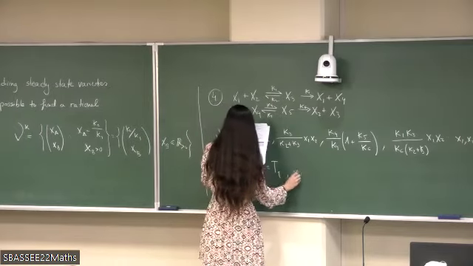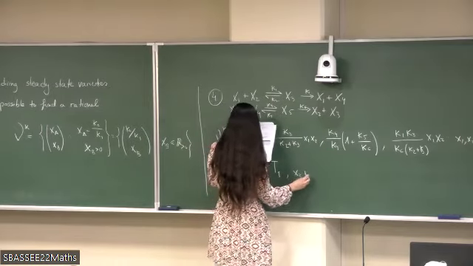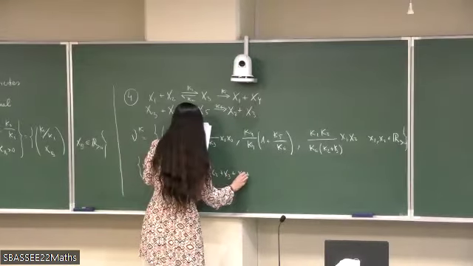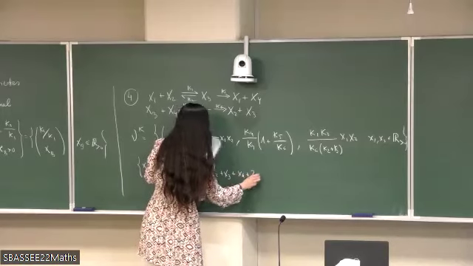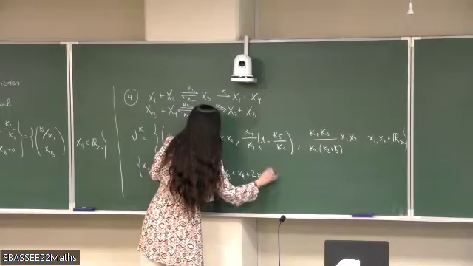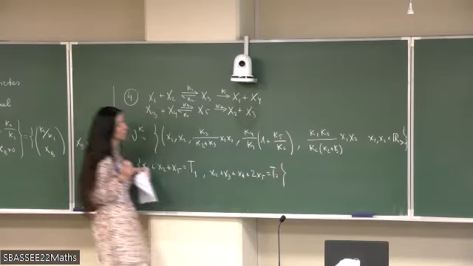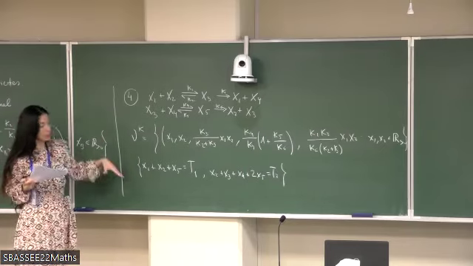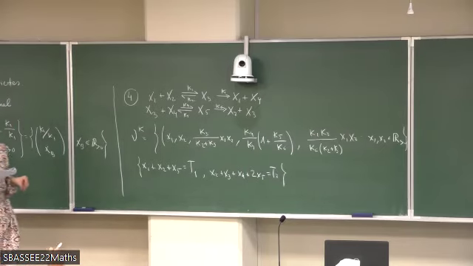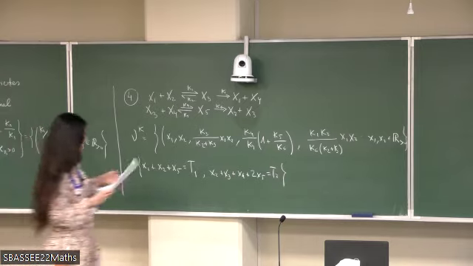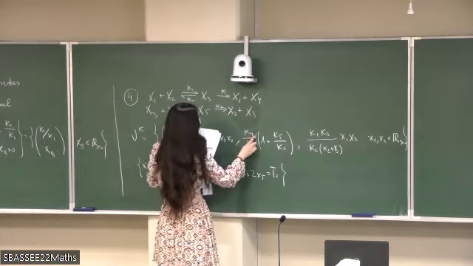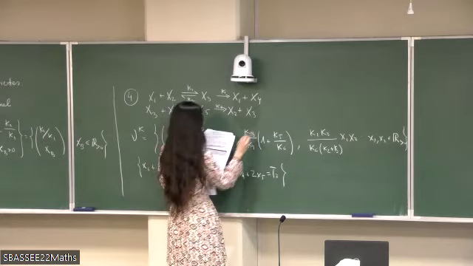We have two independent conservation laws, and the stoichiometry classes will have this form. So the network has rank 3. Yeah, I probably made a mistake. K3 divided by. Thank you for pointing that out.